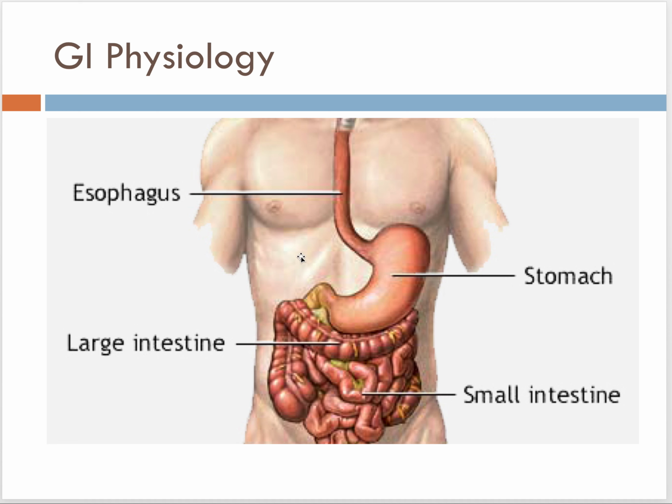And what I want you to notice here in this picture is when we have just a normal anatomical understanding of where the esophagus enters the stomach, it's a weird type of angle that's created. So the fundus, or the top of the stomach, is located up here, right underneath the pectoral muscle in this person. We have a sphincter right in this area, which helps keep the stomach closed.